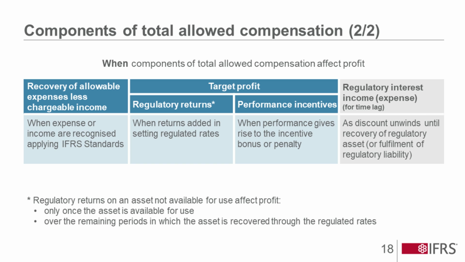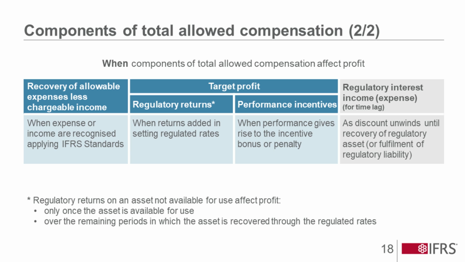They were an allowable expense. The entity recognized input costs for an amount of 120 in year one. Therefore, the compensation of 120 forms part of the total allowed compensation for the goods or services supplied in year one, regardless of when the amount of 120 is included in the rates charged.